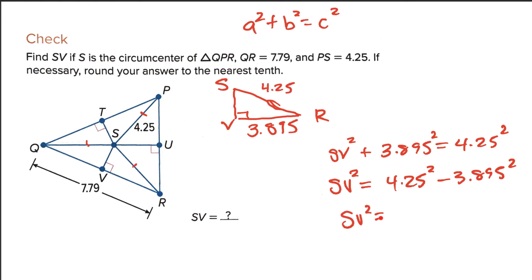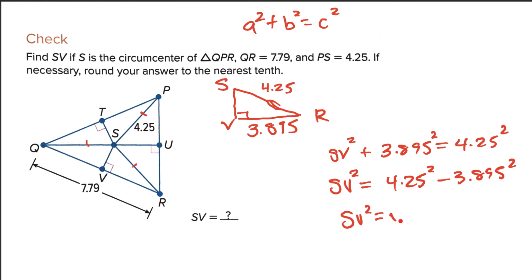So let's go ahead and punch that in. 4.25 to the second power minus 3.895 to the second. You're going to get a long decimal there, 2.891475. It's all in there. What I'm going to do from there is actually take the square root.